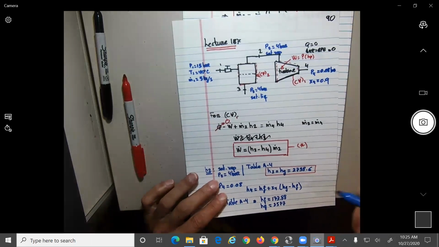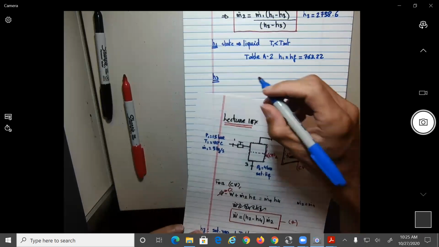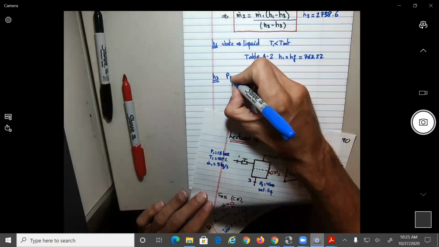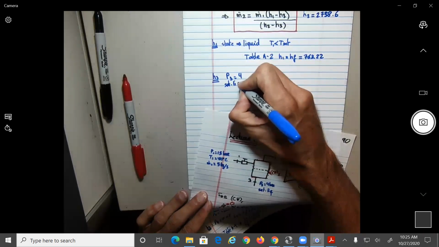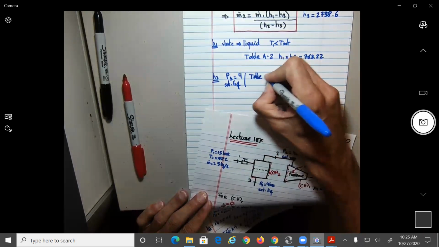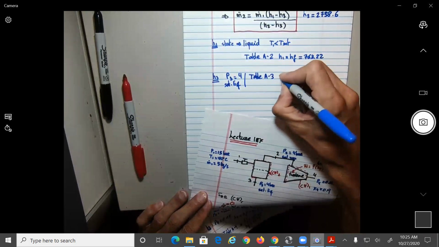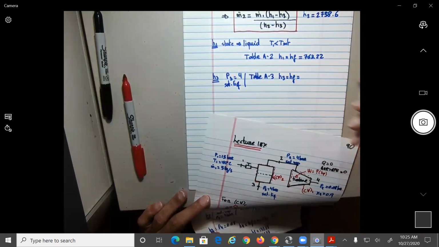Okay, do we know two things about H3? We know the pressure and the state. So we know P3 equal to 4 will be saturated liquid. So now we can go what? To table A3. H3 will be equal to H fluid again.